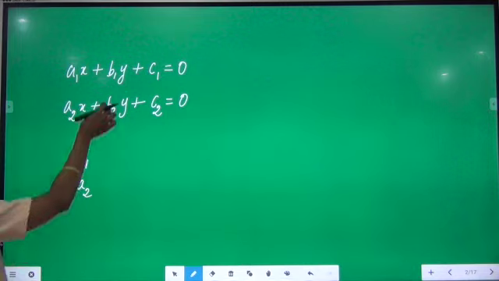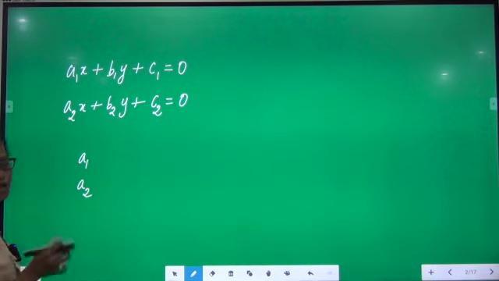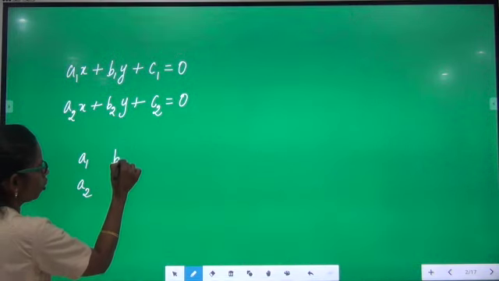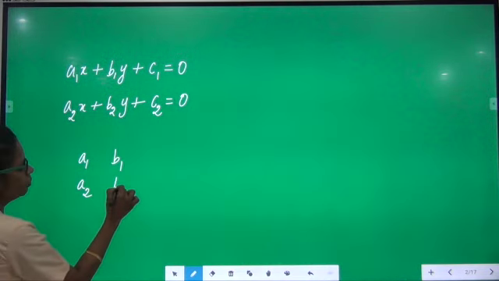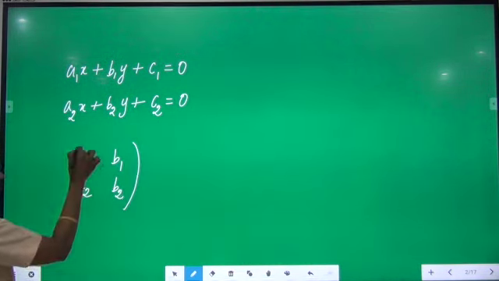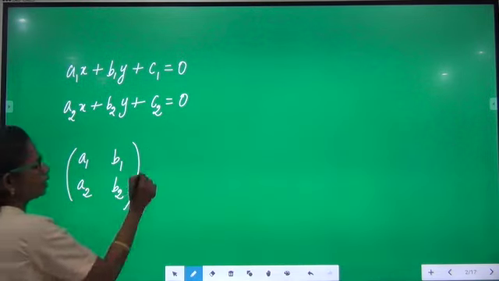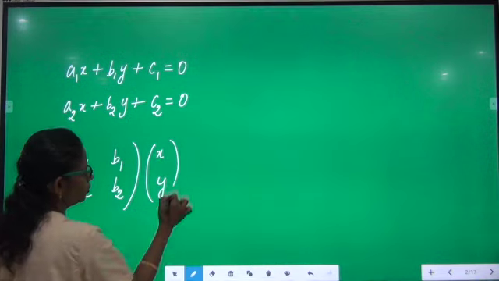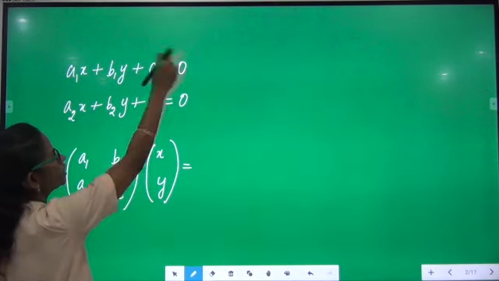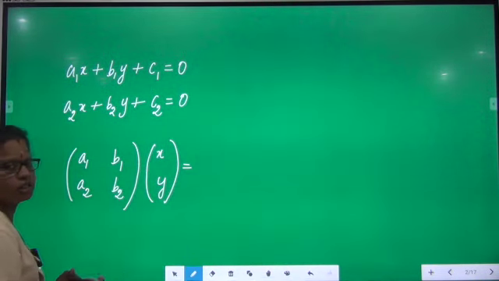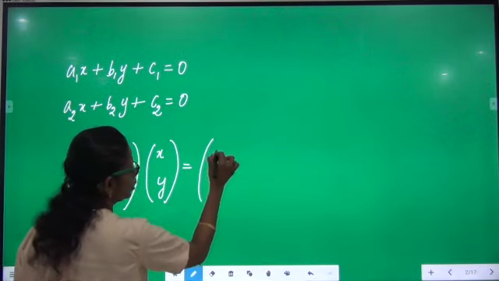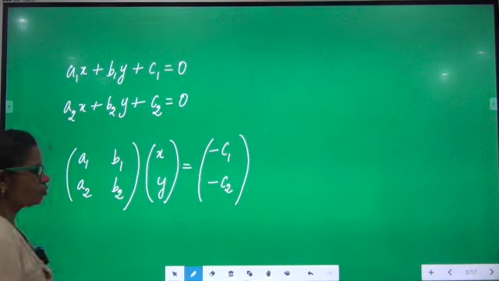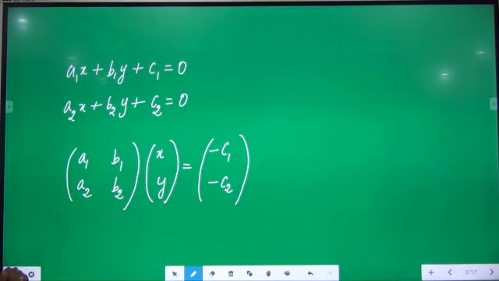Next, collect the coefficients of y and place them in the second column: b1, b2, multiplied by x, y, equal to, the plus c1 moves to that side, the constant, becoming minus c1, minus c2. We have to check whether we arrive at the equations or not.